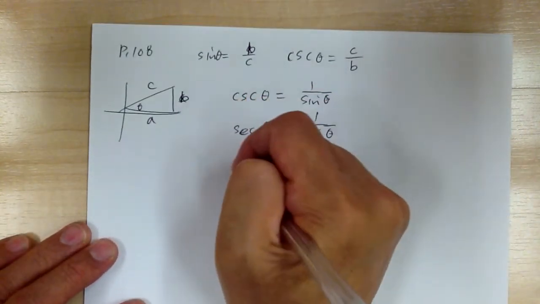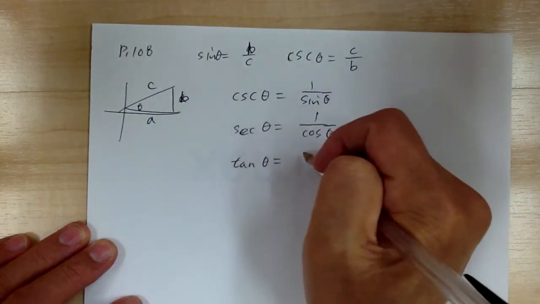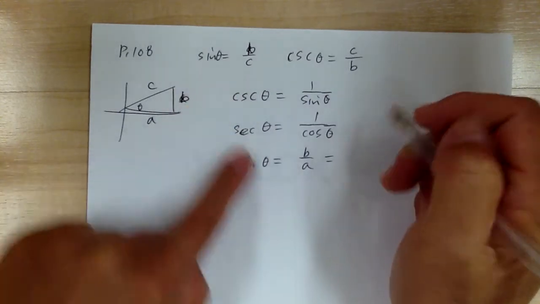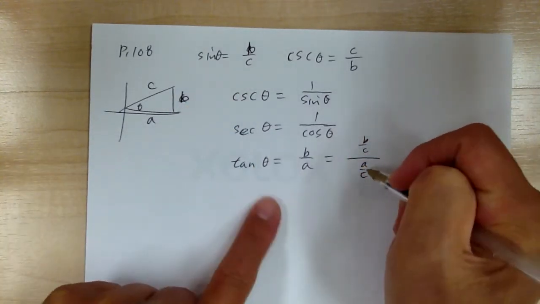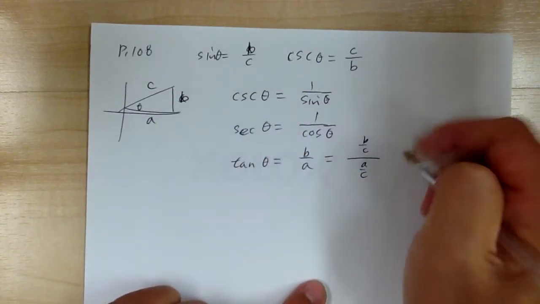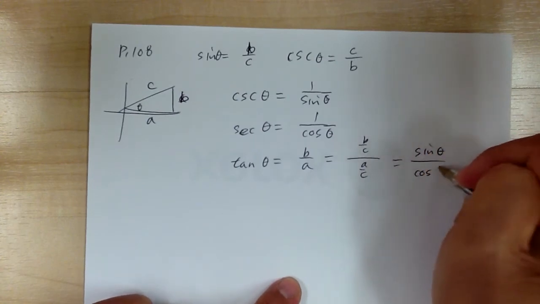And the tangent of theta is going to be equal to B over A, and this is equal to B over C divided by A over C, right? If you multiply and divide both the top and the bottom by C, this is going to be equal to sine over cosine.